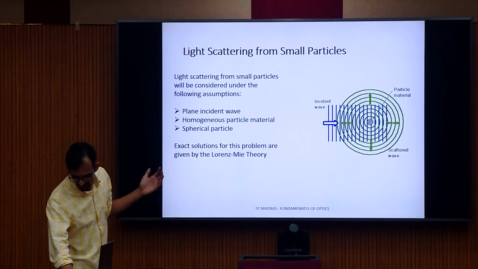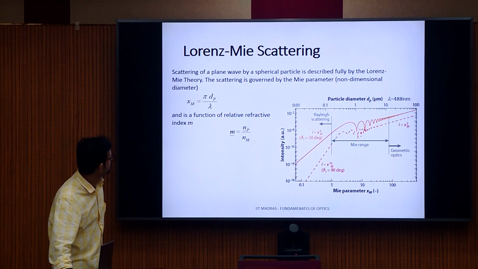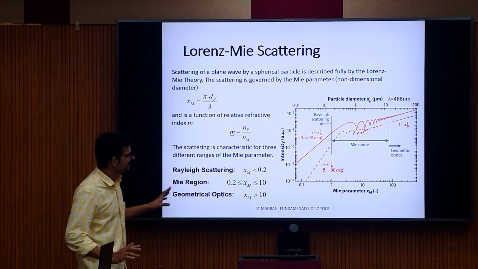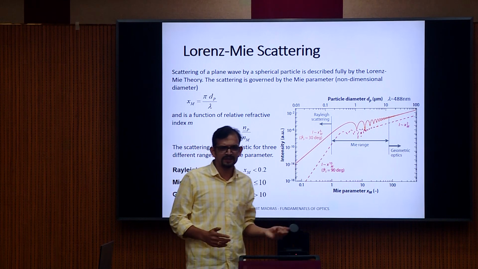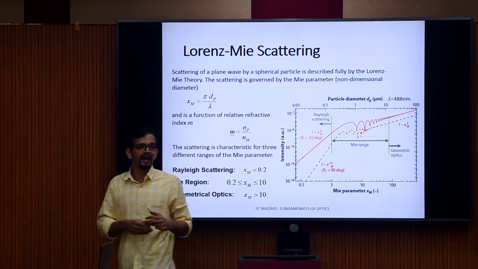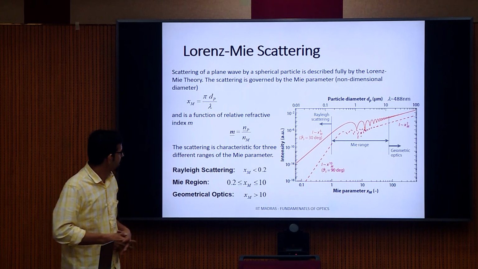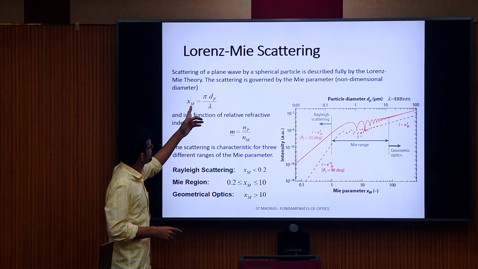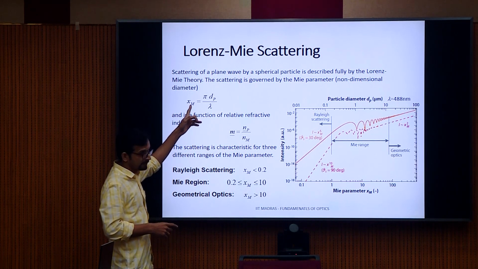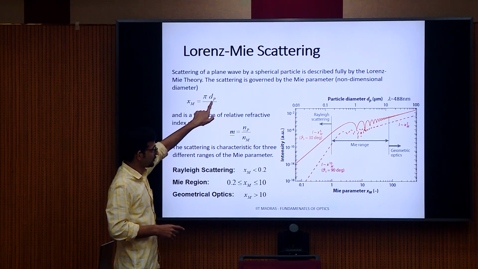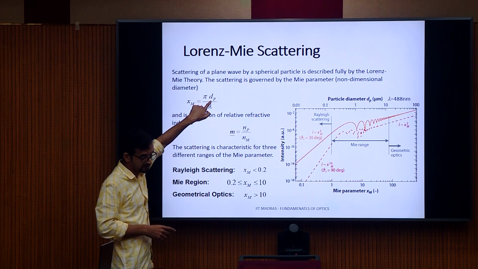I think I will wind up here with showing the light slide. Because this scattering highly depends on the refractive index, the medium's properties, and most importantly the size of the particles. We can define the parameter in terms of the wavelength as well as the particle diameter.